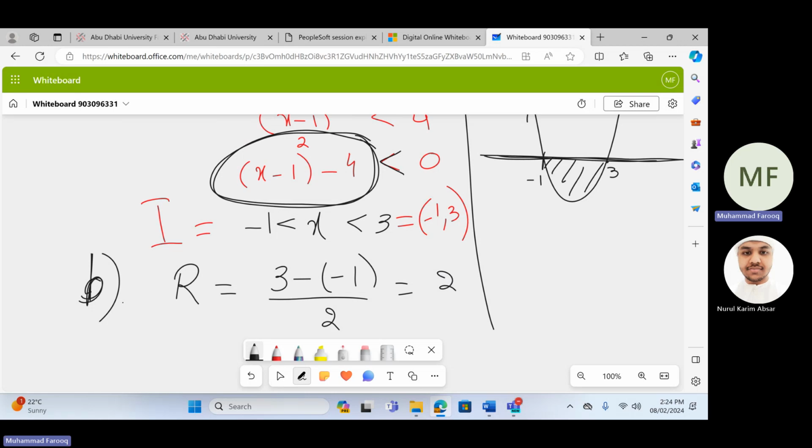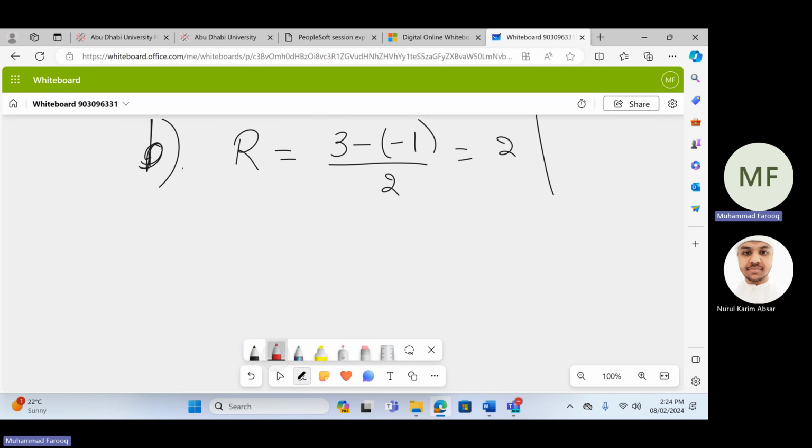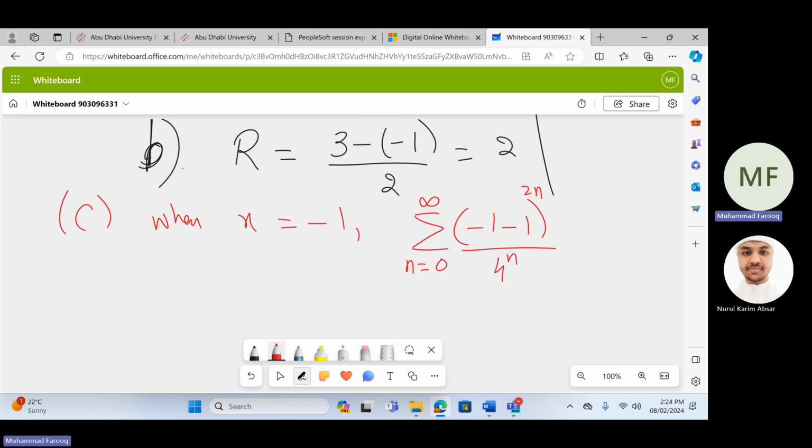Now part C, conditional convergence. Which 2 points do we have to check? -1 and 3. So when x is equal to -1, I put it in the series, the sum from n equals 0 to infinity.